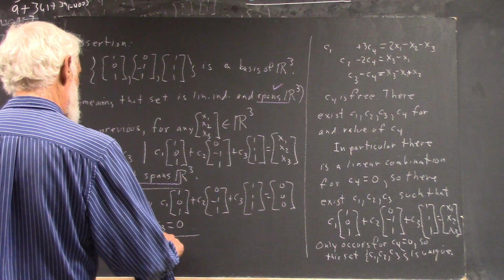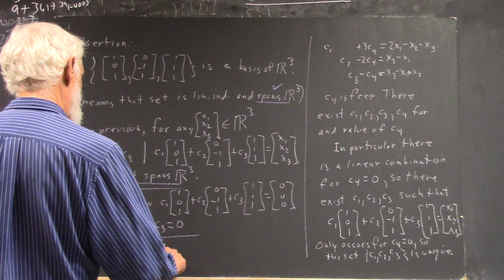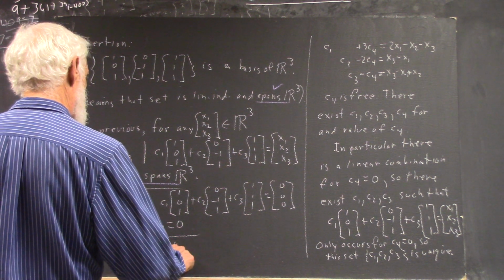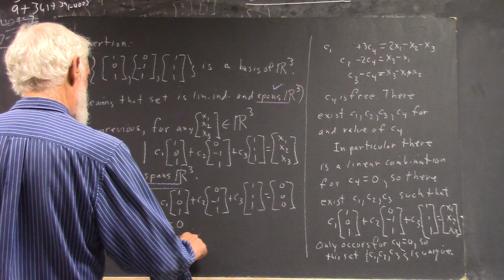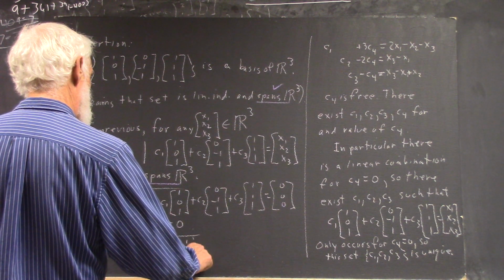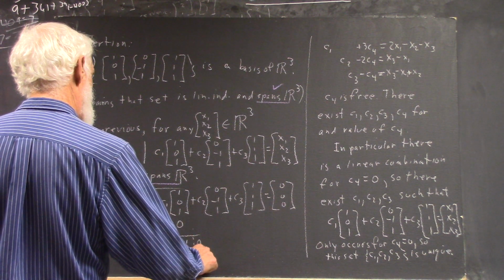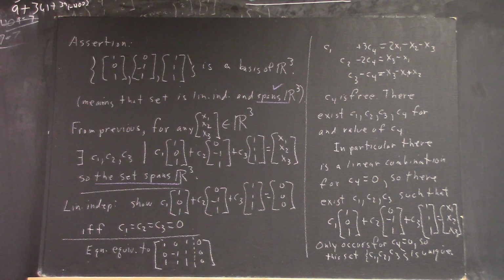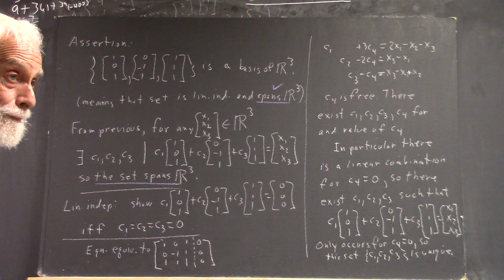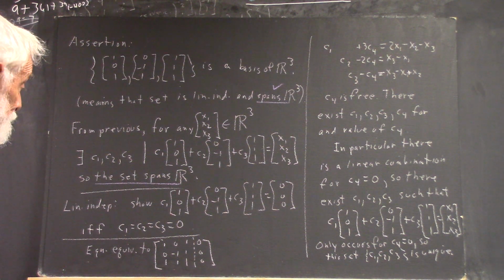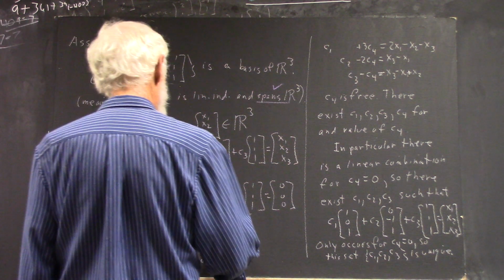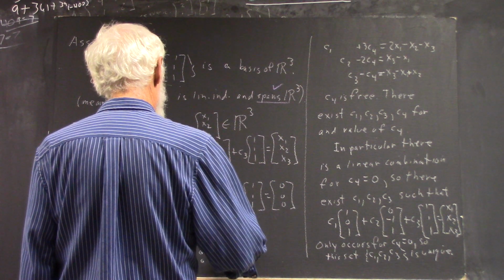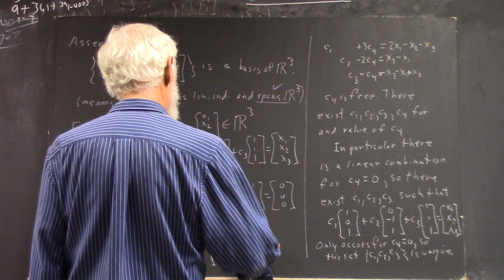The equation will then be equivalent to this matrix, right? Which reduces to the identity over here.